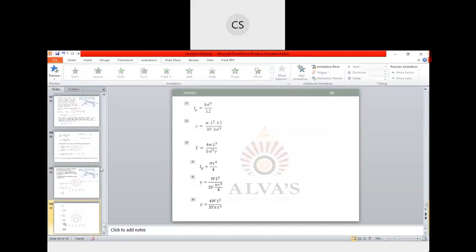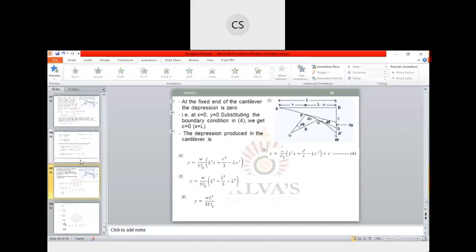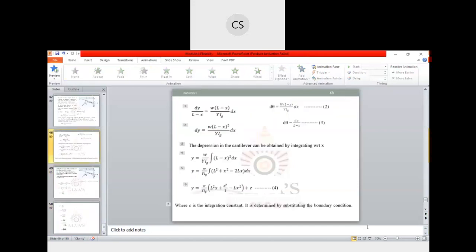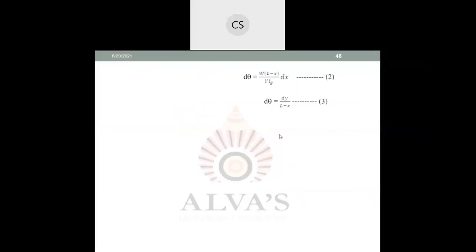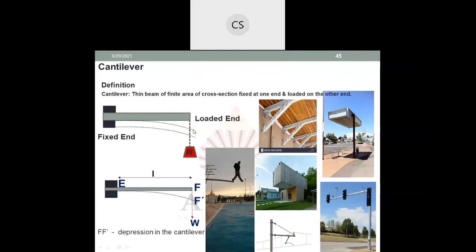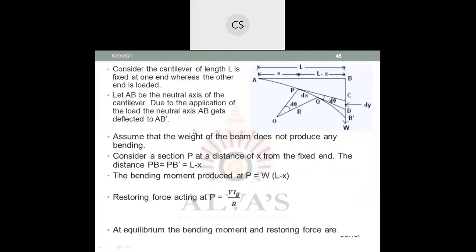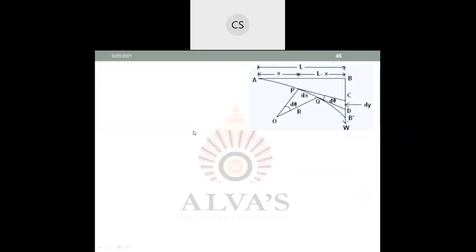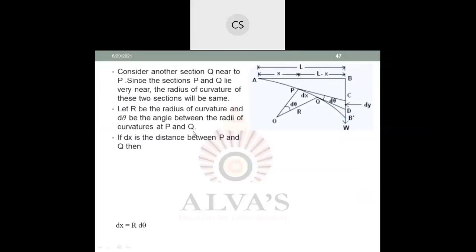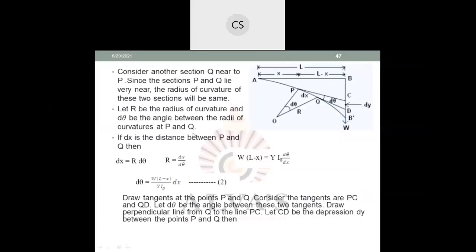I'll remove that. Okay, you came up to this point.